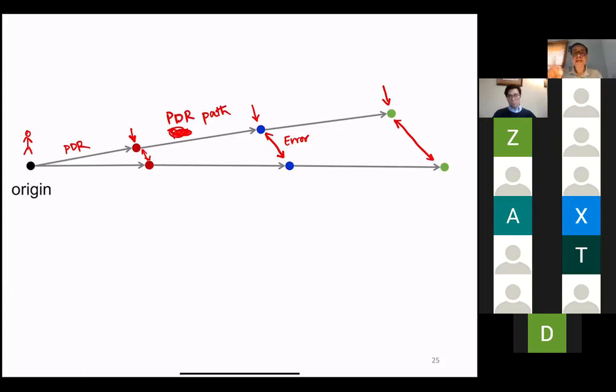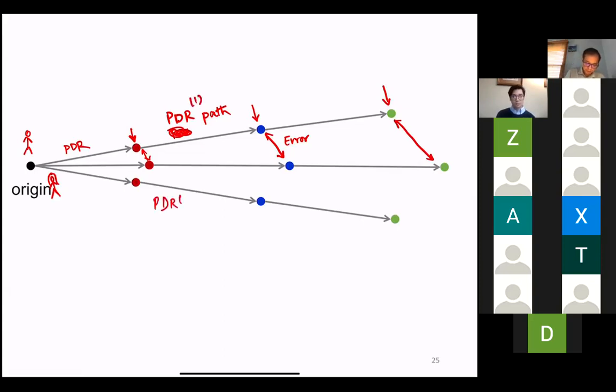But remember, there are multiple people walking. So imagine another person who walks like this, and this is the path that person takes. This is another person. This is another lady. And this is PDR1, this is PDR2. And this error is different.